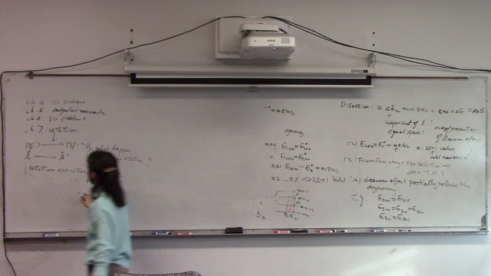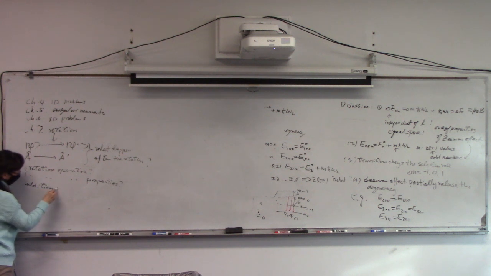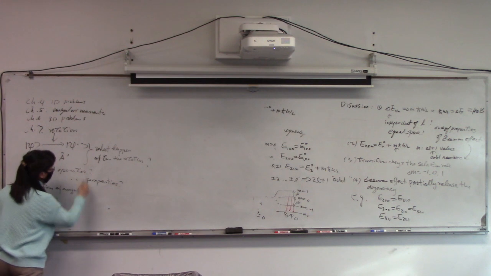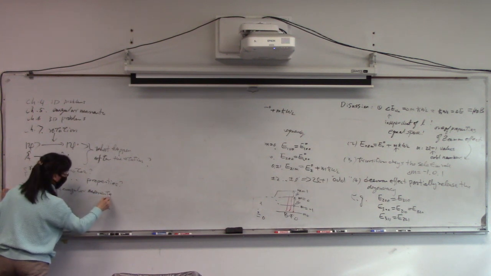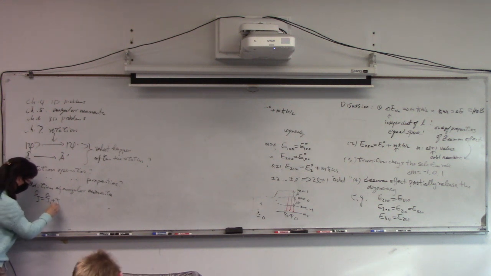So that is what chapter 7 is going to answer, and then at the end, addition of angular momentum. So far, in chapter 5, we just discussed each individual angular momentum operator. How about if we have two angular momentum operators?